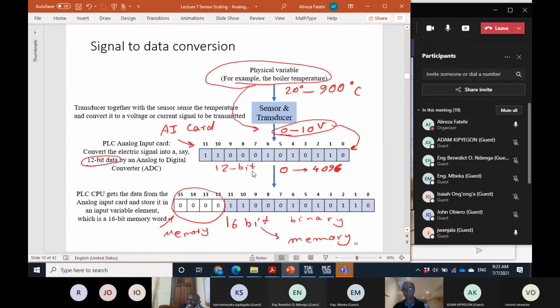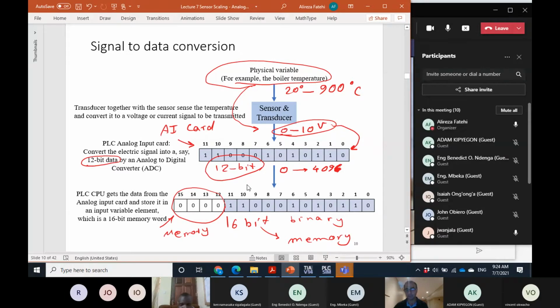That binary number, in many cases for many of the analog input cards, is not consistent with the number of bits that any memory cell has in computing systems.